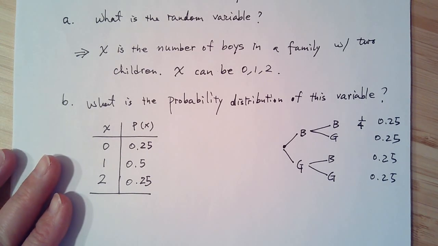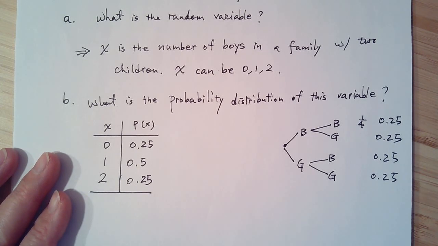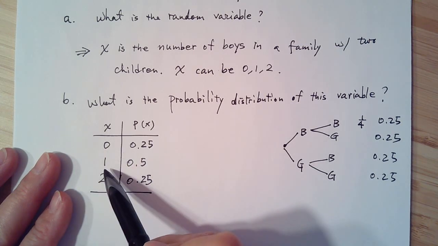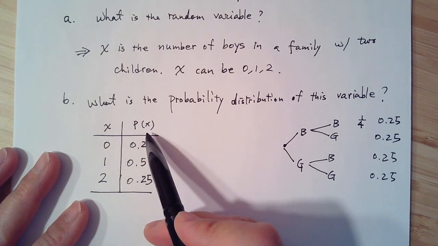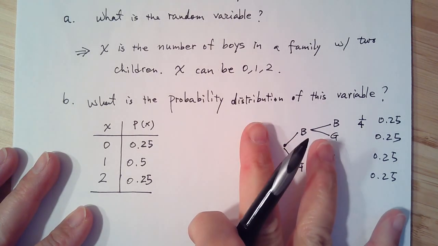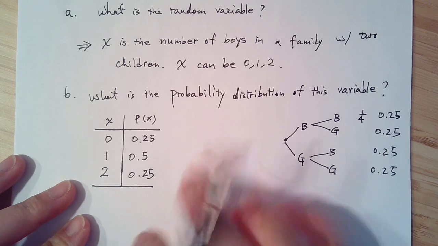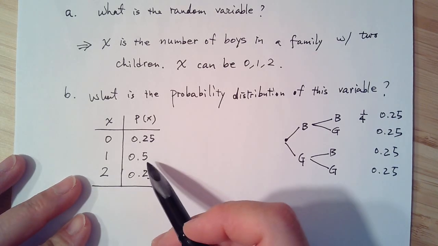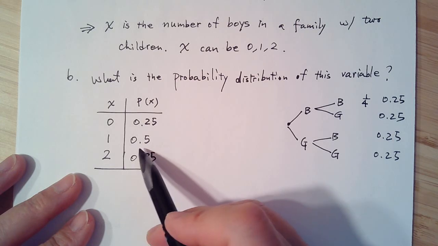Do you remember the 3 requirements for a probability distribution? Number 1, x is numerical, and p of x is the probability of x. Yes, so the first requirement, we're good. The second one, all the probabilities add up to 1. Let's check: 0.25 plus 0.5 plus 0.25.